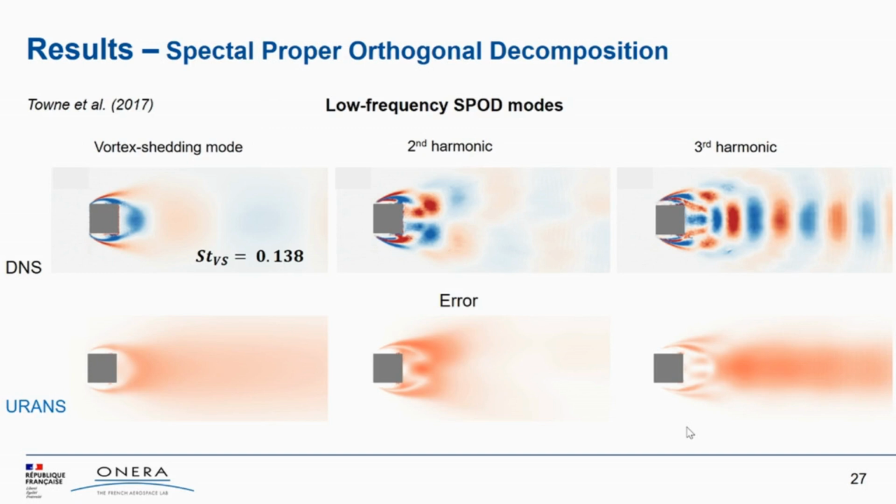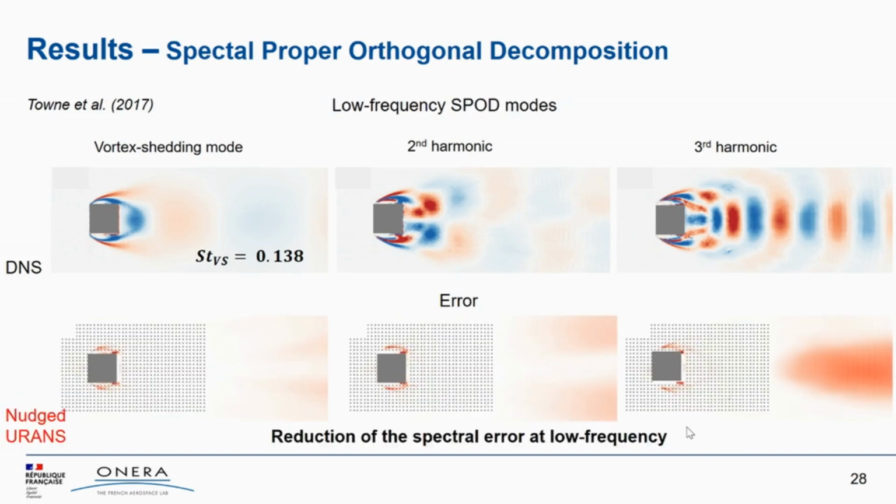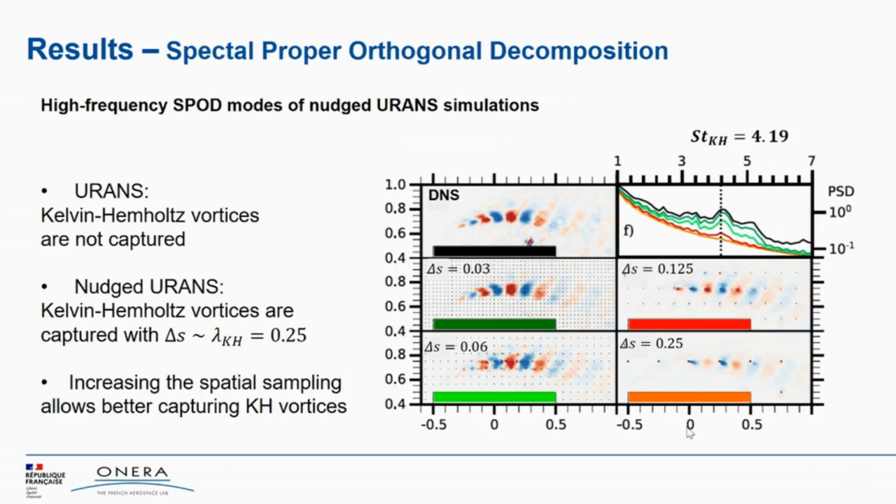In the bottom figure, we have shown the error between the SPOD modes of the neurons and the SPOD modes of the DNS. If you look at the same for the nudged neurons, you see that again there is a strong reduction in the error at the low frequency. Still, we observe a tiny residual of the error in the shear layers.